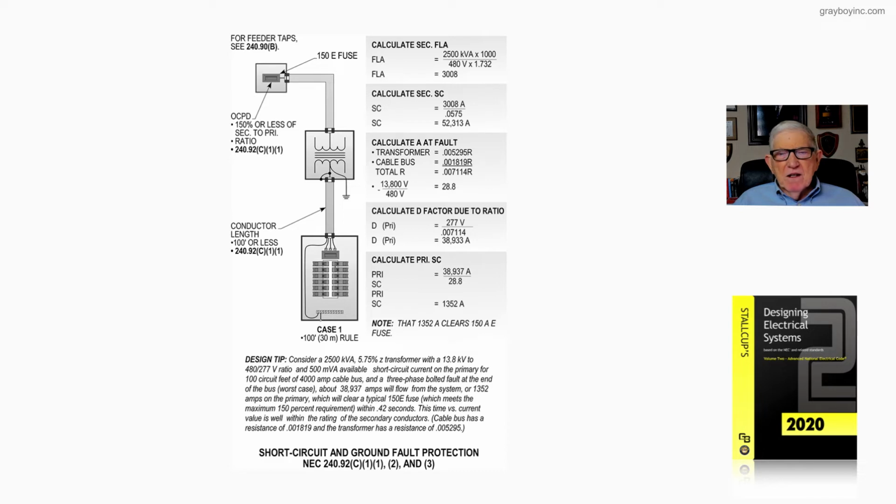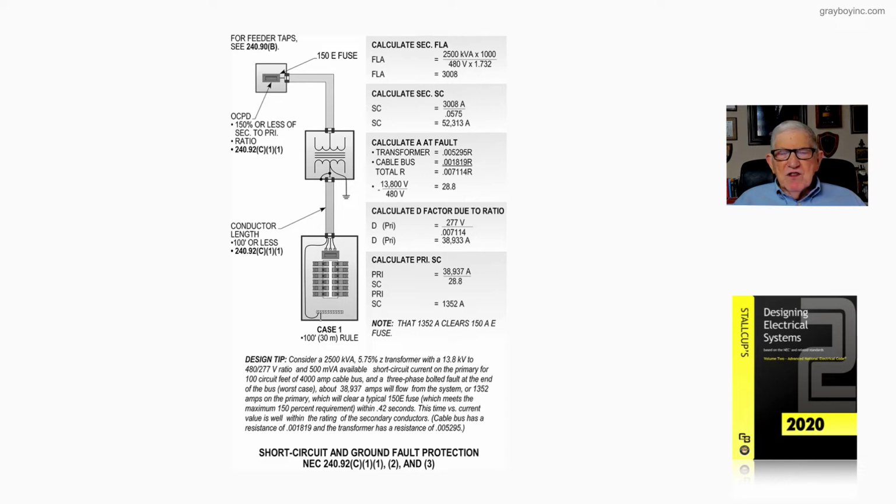Now with that information and the design tip, you can read it in more detail. But basically, I'm wanting to call up out of this design tip 2500 kVA, 5.75%. Divide that by 100, and then you would come up with 0.00575 would be your divider there.